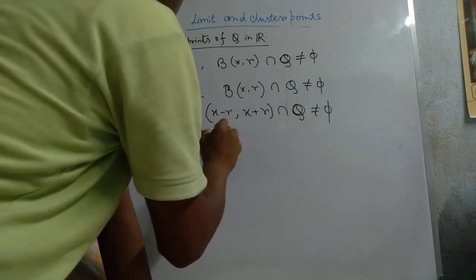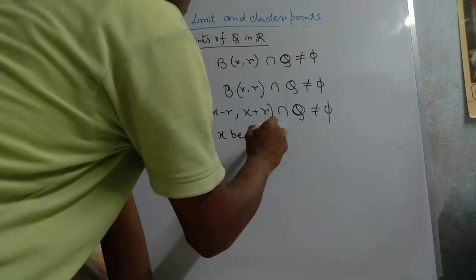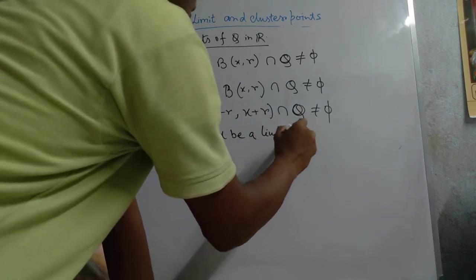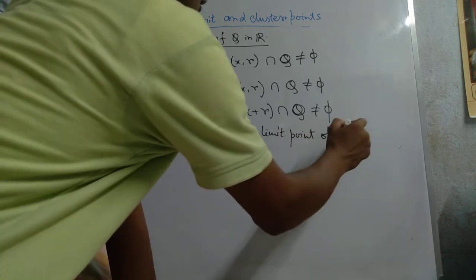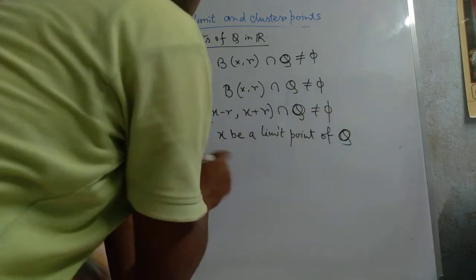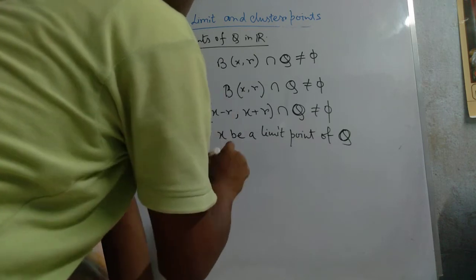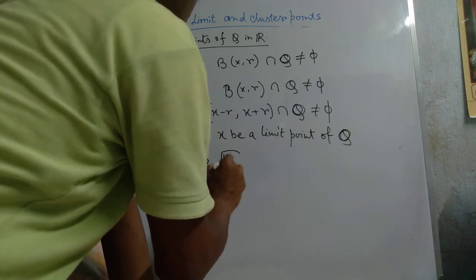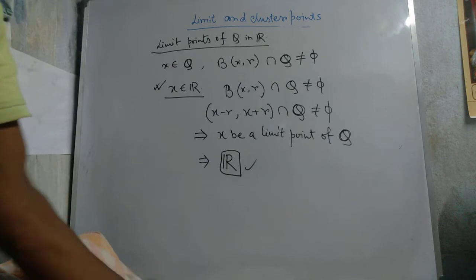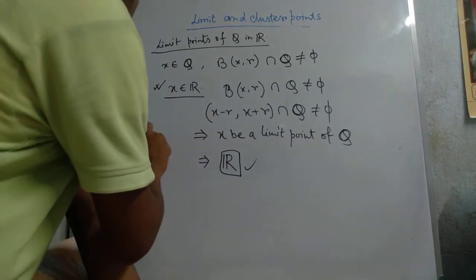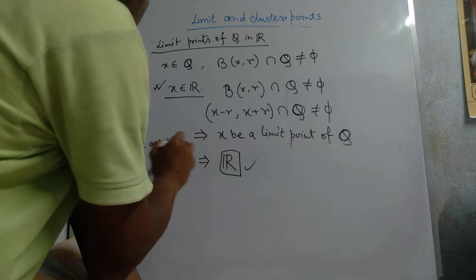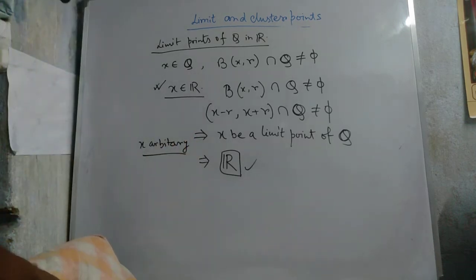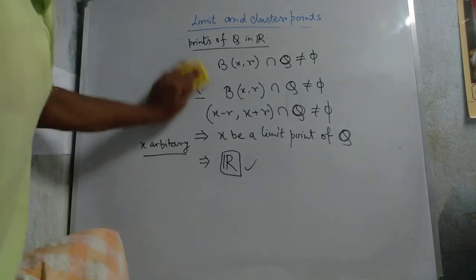This implies that x is a limit point of Q. Then the limit point set is R, because x is arbitrary. Then next we erase these things also.